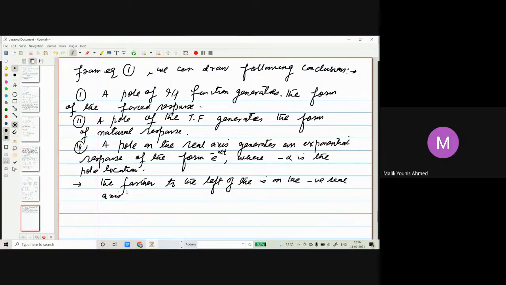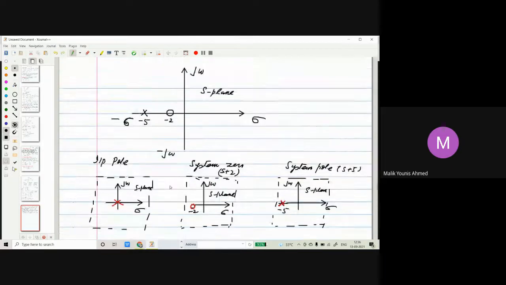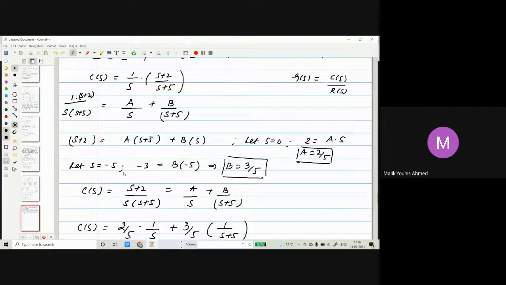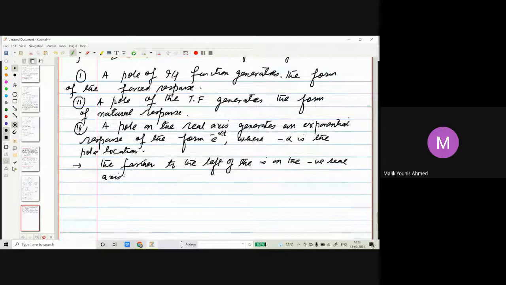If we move farther to the left of the pole, we are moving away along the negative real axis.